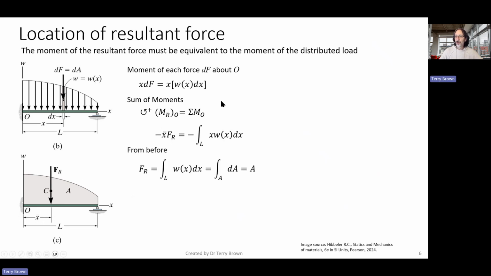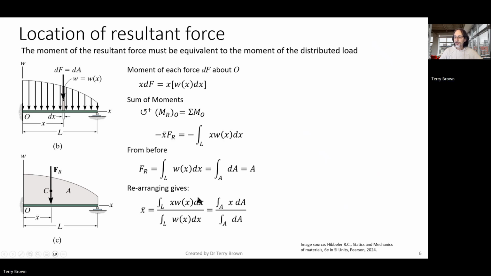From before we had this, so if you'd forgotten that, you can go back to the previous slide and see where we got this from. Rearranging all of that gives us that x bar is equal to the integral of the moments divided by the load.